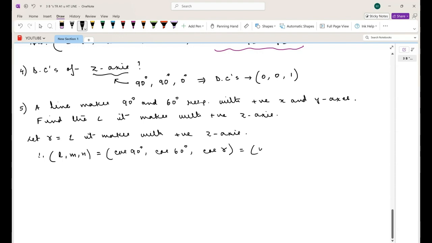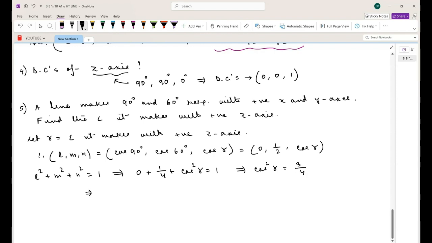So that is 0, cos 60 is half, and cos gamma. But we know that l square plus m square plus n square is always 1. So 0 square plus half square plus cos square gamma must be equal to 1. From here you get cos square gamma equal to 3 by 4.